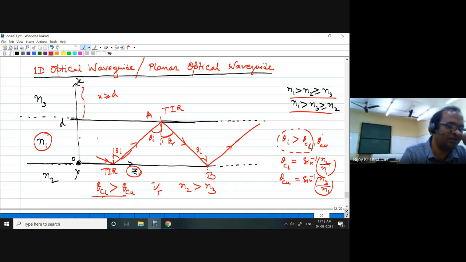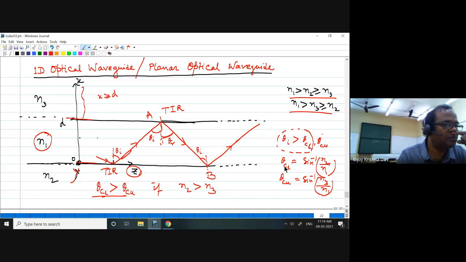I am considering one dimensional confinement. That's why I have the interface here and here. So do we need to consider anything along the y direction? This is the y direction, the vertical direction. For example, along the x direction we have considered D, and the z direction we are considering for the moment infinitely extended. What about the y direction?